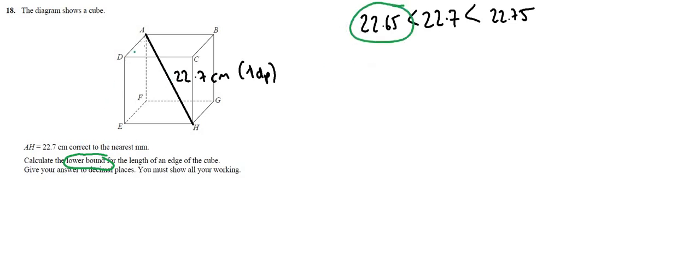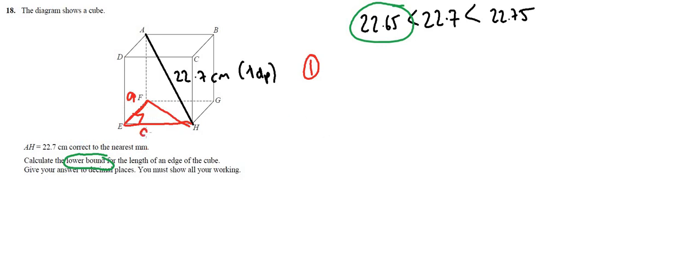Right, now we need to work out the length of one of our sides. The best way to do this is let's call our side A. First, we're going to put a triangle here on the base. We know that's a right angle because it's the bottom of the cube.